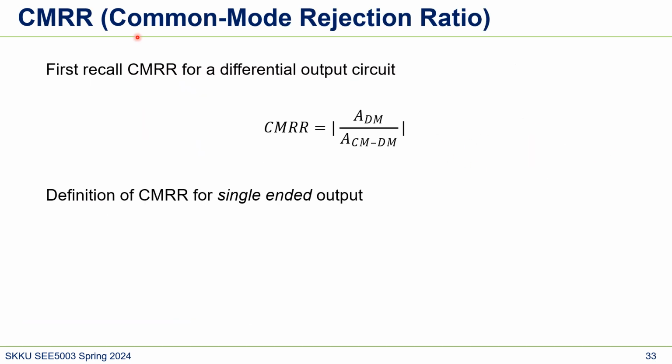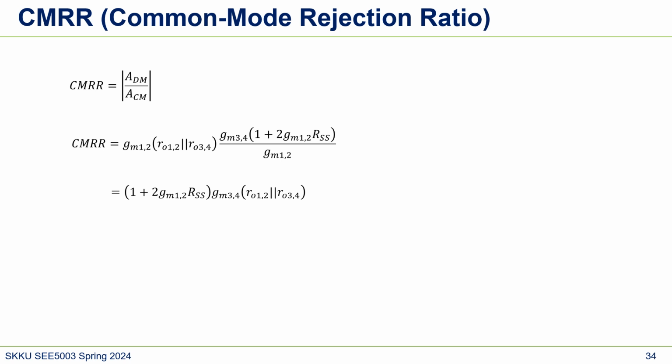And let's look at the common mode rejection ratio. So this is the definition. The common mode rejection ratio for the fully differential output circuit would be this. And for a single-ended output, which is what we're working on, it is GM and then ACM. So here's our final result.